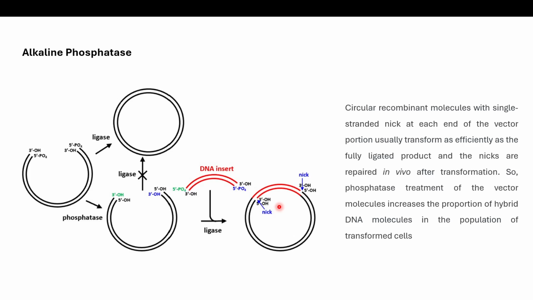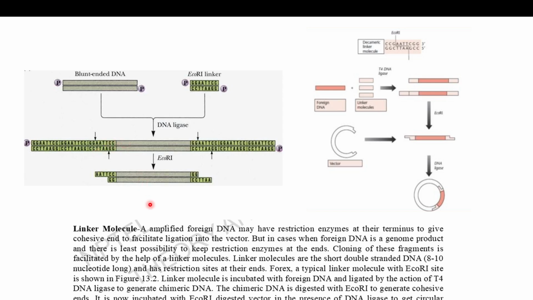So we can expect more of these recombinant molecules to be present rather than the vector ligated to itself. This is one of the reasons phosphatase treatment is given to remove the terminal phosphate groups.